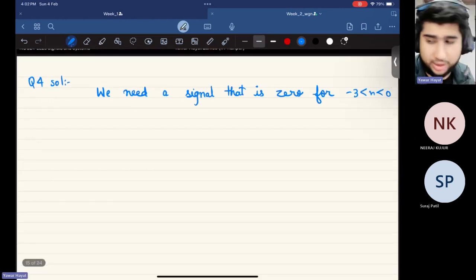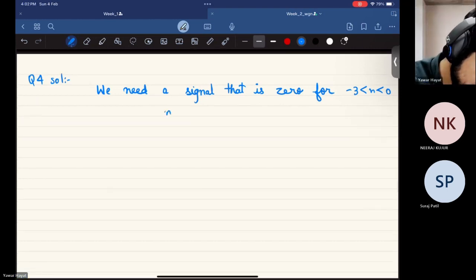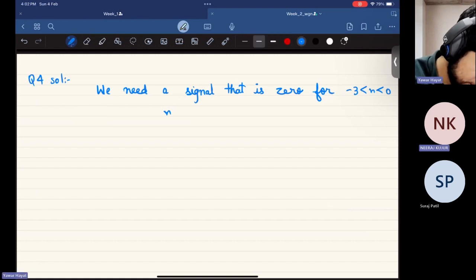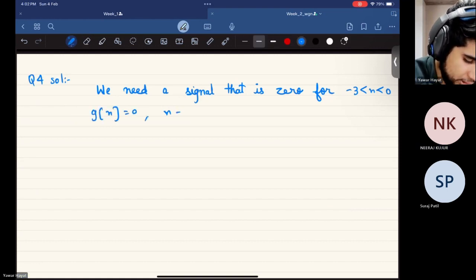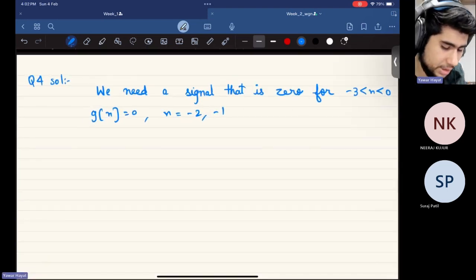So the values of n for which this signal would be 0 are, suppose I call this signal g of n, -2 and -1. This is 0 for -2 and -1, right?